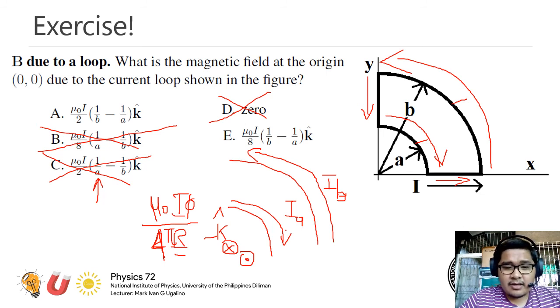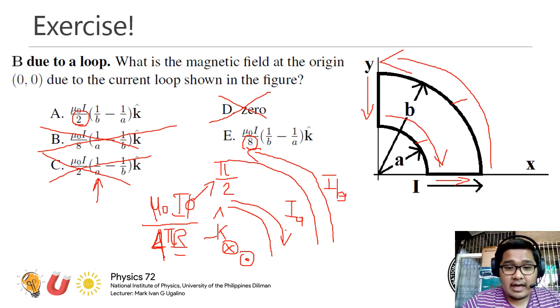The only deciding factor is whether it is a factor of 1/2 or a factor of 1/8. How do we determine that? We identify phi to be equal to pi over 2, because this is a quarter circle.